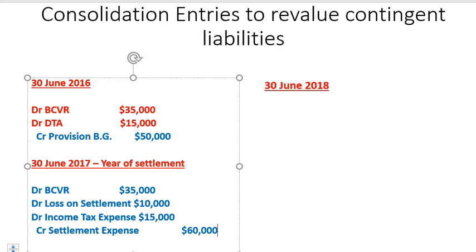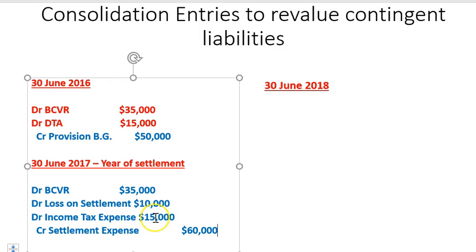But what we want to do is we want to tell them, no, on consolidation, we've already recognized this liability. So we want to completely offset any expense you recognized. But because the settlement cost us $10,000 more than we were expecting, we recorded a loss on settlement of $10,000 to make sure that we actually do record a $10,000 loss through our P&L.